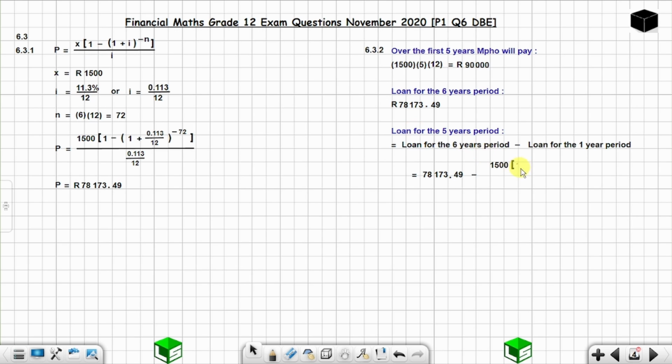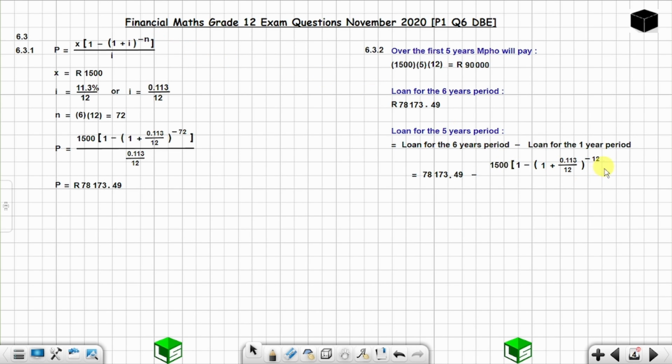You have 1 minus, in bracket 1 plus the interest rate, this, you close the bracket to the power of minus n. For 1 year, you have 1 times 12. Remember, compounded monthly. 1 times 12, which is 12. You have minus 12.